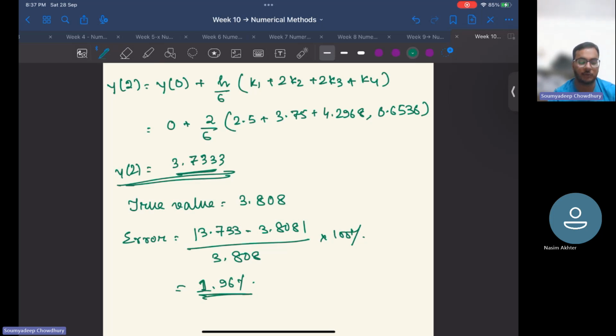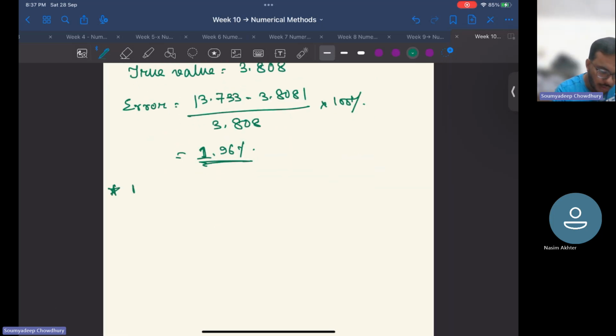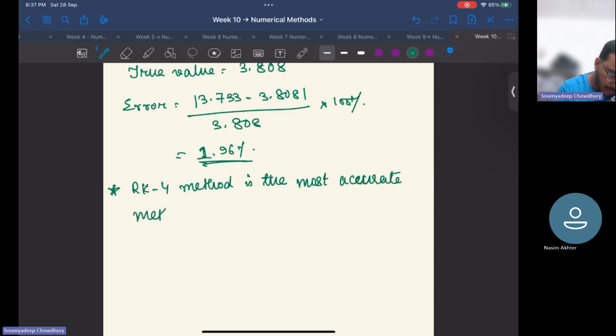Just by using h equal to 2 in one step only, we got the error to be so less, 1.96%. So we can write here: RK4 method is the most accurate method. If we use h equal to 0.5, the error will be very, very negligible, right?